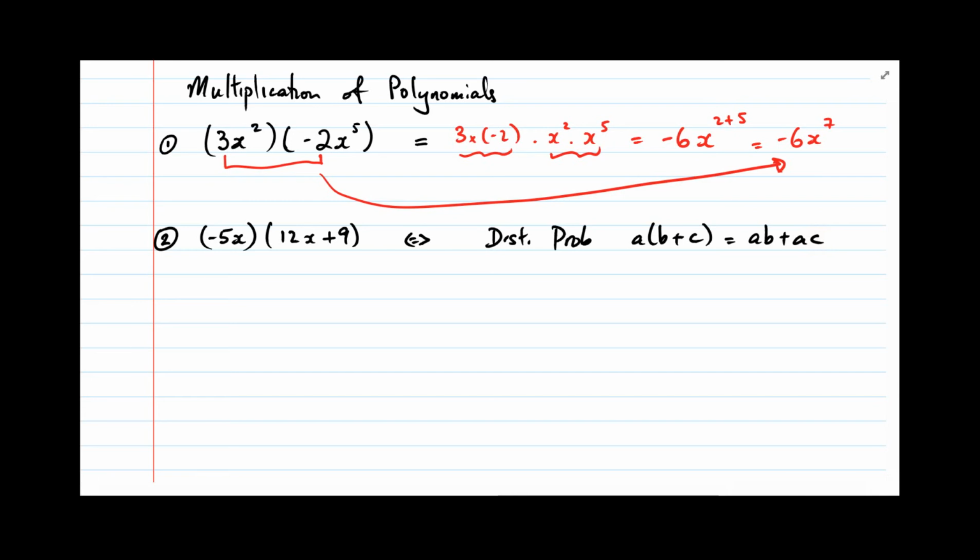In this particular case, we end up with -5 times 12 is -60, x times x is x squared. Watch your signs as you multiply. Negative distributes, and we end up with -45x. Again, that should be quite familiar to you.